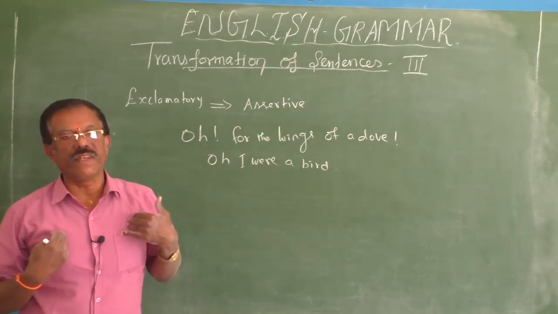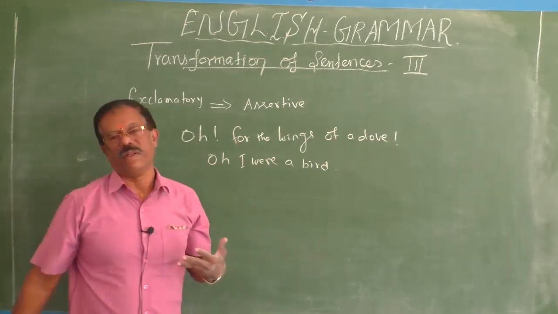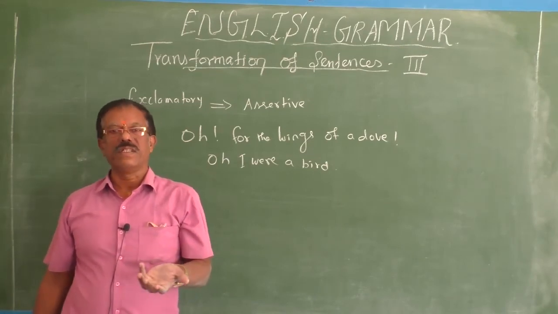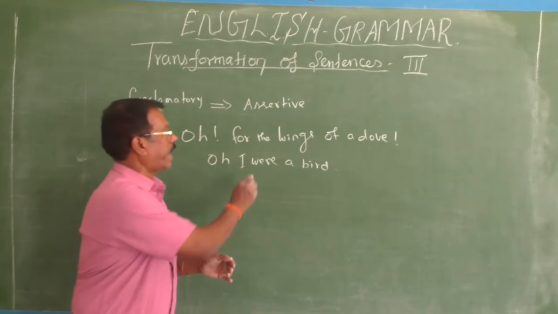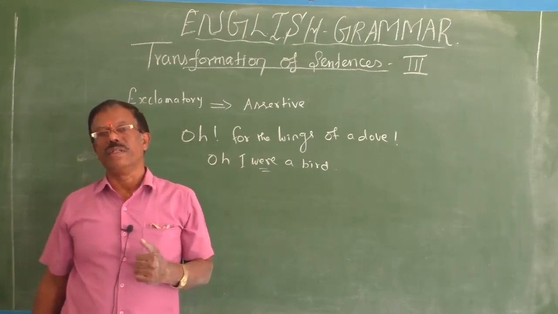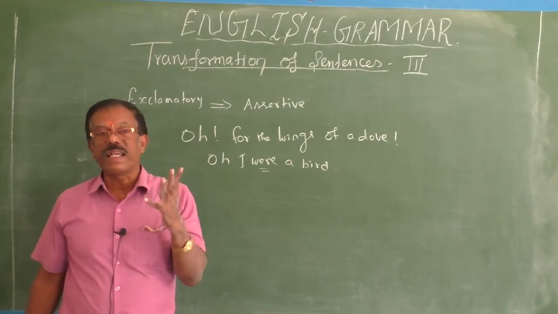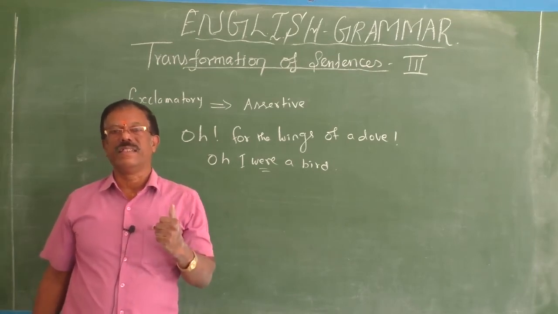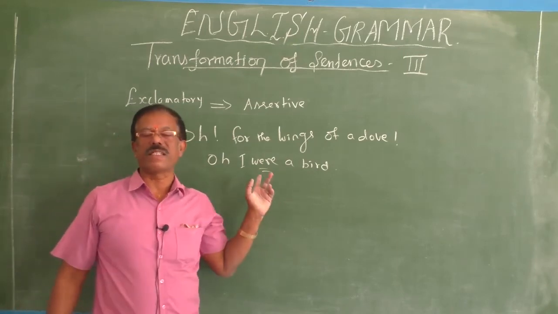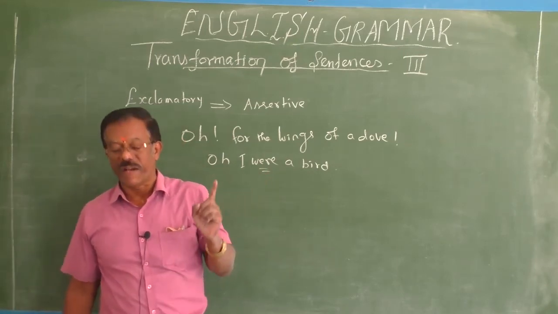If I were an angel, I would help all the poor people. Such expressions are normally expressed with the help of the subjunctive mood, I were. It is an imaginary condition. In such cases, irrespective of the subject, you use the past form of the verb, were.